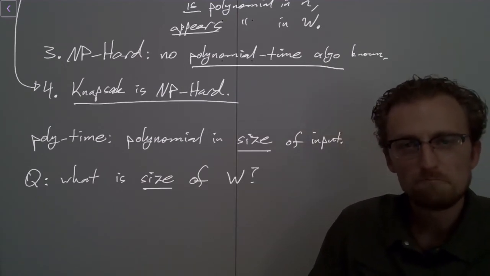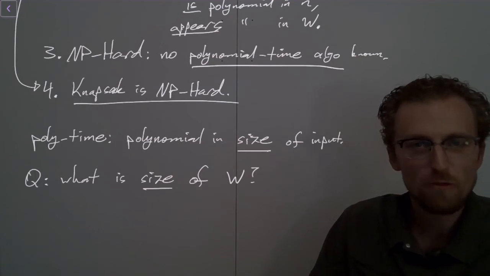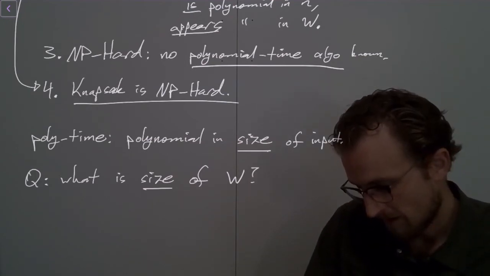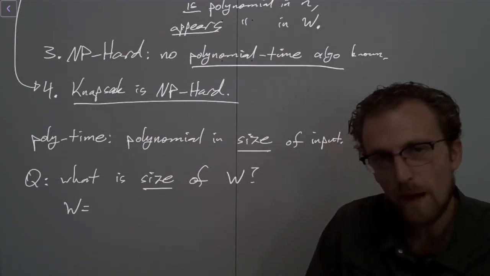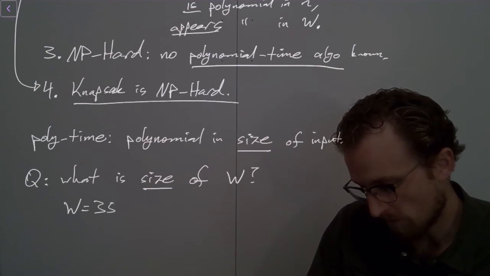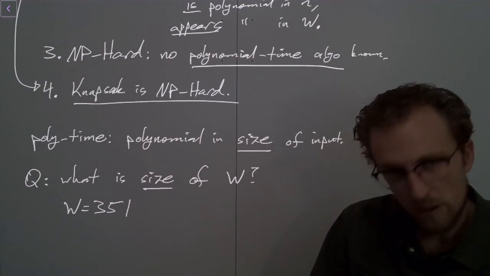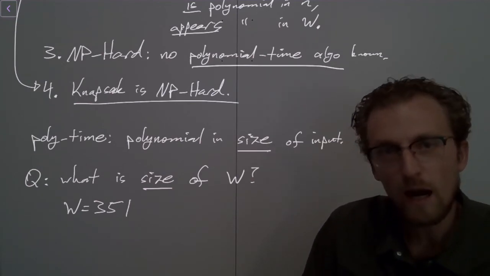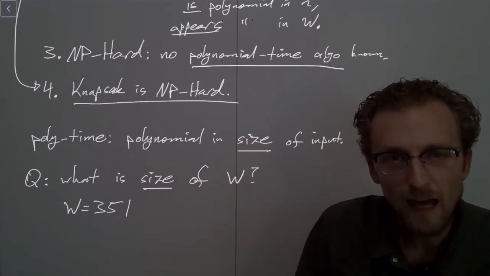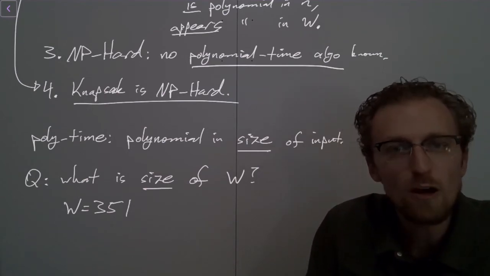So, suppose I tell you W is 351. W, the capacity of the knapsack, is 351. What's the size of that number? Well, you look at that and you say, Brown, you're going off the rails. That's 351, that's how big the number is.